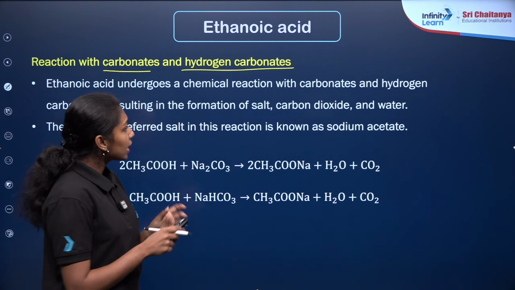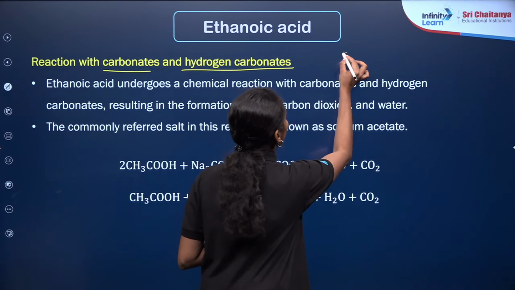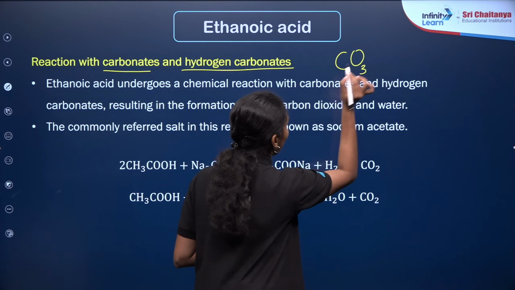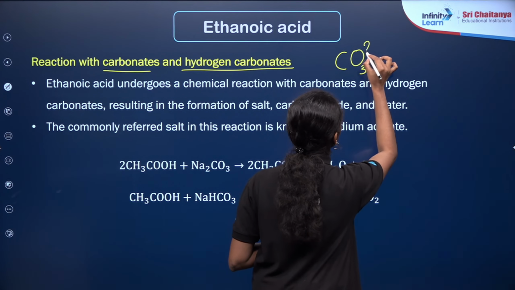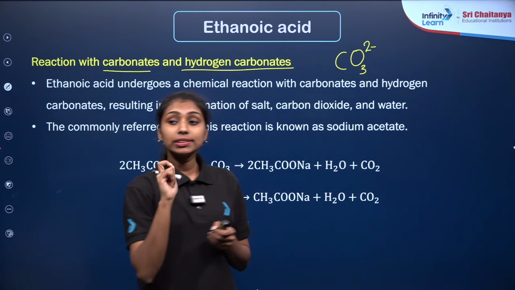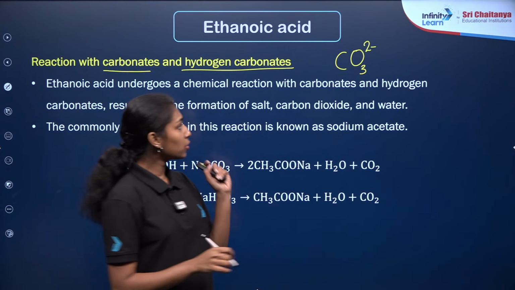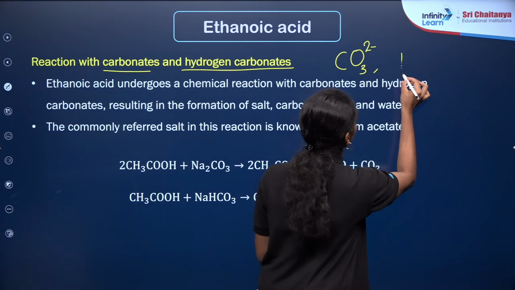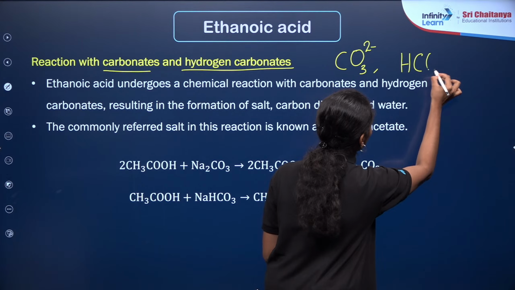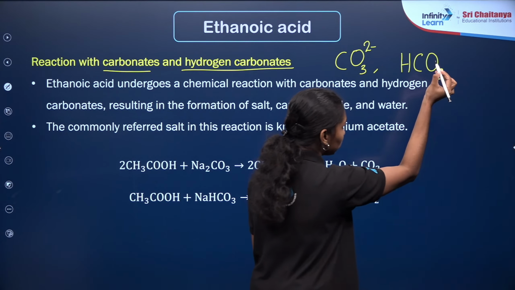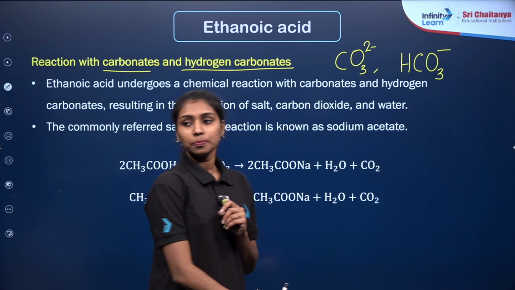So we need to mention its charge also. In the case of carbonates, it will be CO3. Correct, but we need to focus on the charge also. It will be CO3 2 minus. It is the carbonate. And what about hydrogen carbonate or bicarbonate? It will be HCO3 with minus charge. Clear?